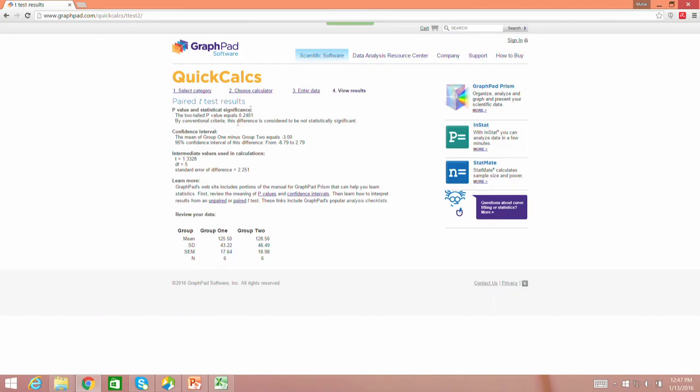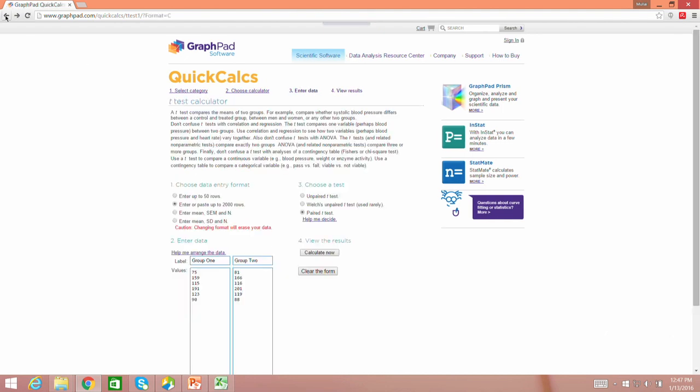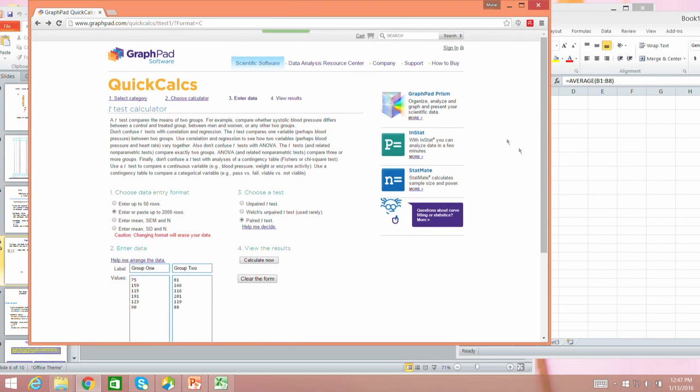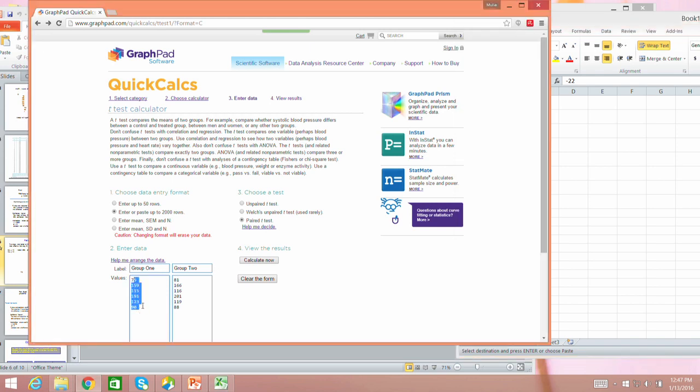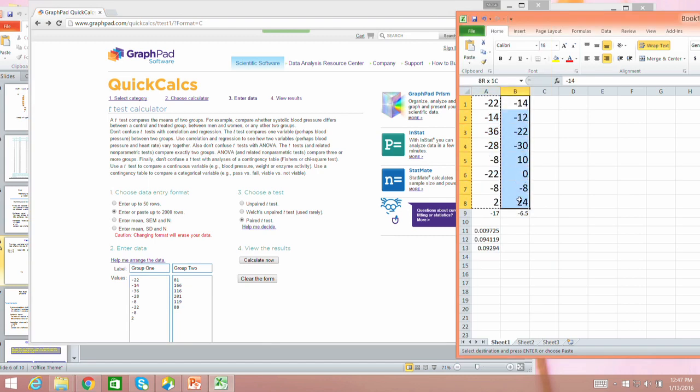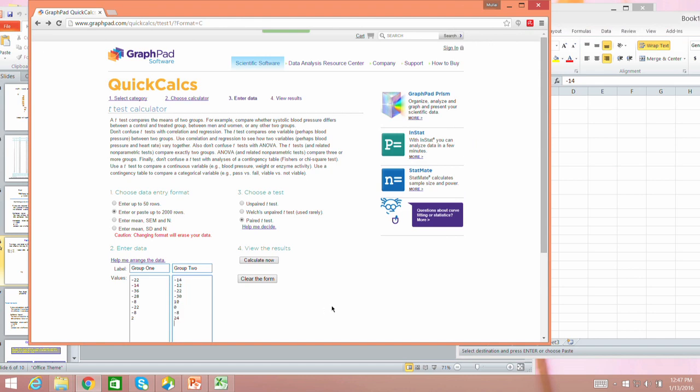Okay. Now, we can use the GraphPad software also, and do the same calculations here. I will take this data, and then I will say paired t-test, okay, calculate now.